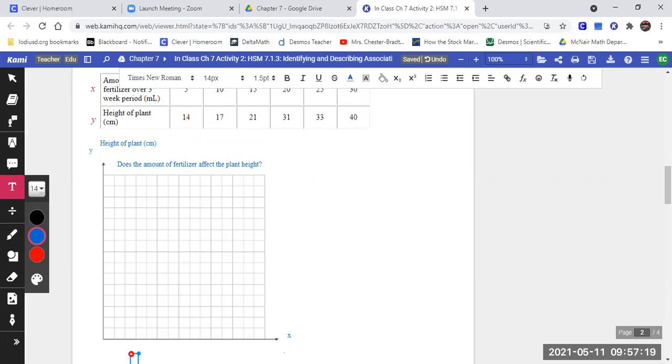So what are we going to say down here at the bottom? Word for word from the table. For the X. Exactly what's in the table for the X. What does it say?